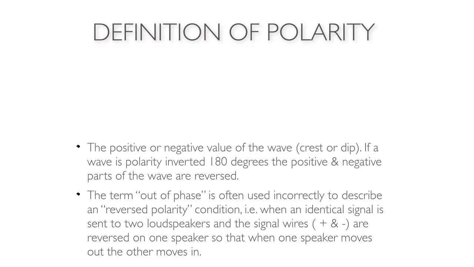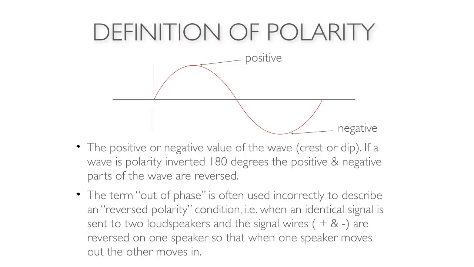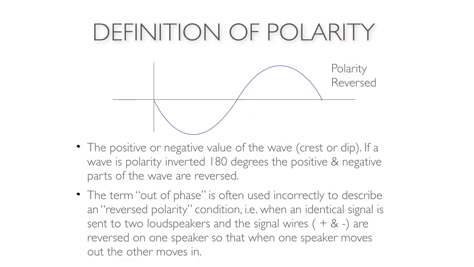Another thing I should define is polarity. When we have a wave, we have a positive and negative portion of the wave that's represented here. If we invert that, so we have the negative where the positive was and the positive where the negative was, then that is a polarity reversed wave.